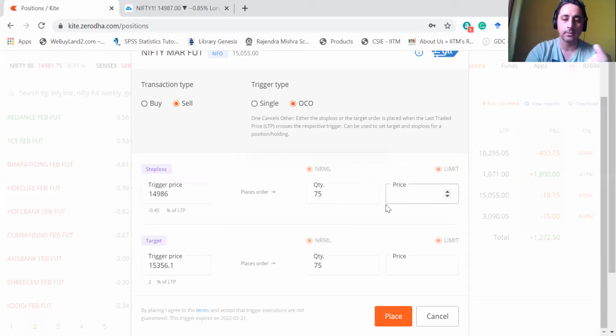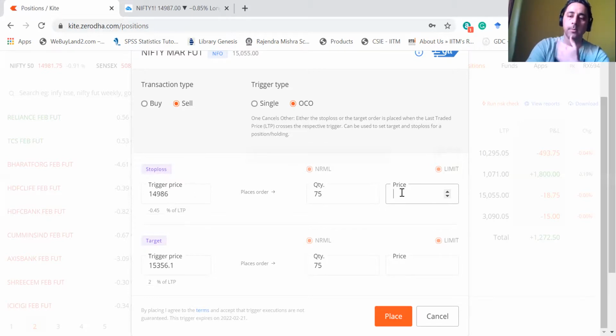And since it's a stop loss order, it's a sell order, wherein let's say things went up and it's going down. So I have to set up a limit price somewhere below the trigger price. So it's very simple. Please understand, if 14,986 arrives, then most likely the price will fall further down.